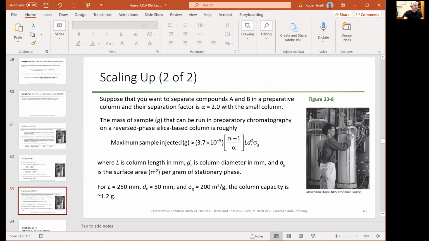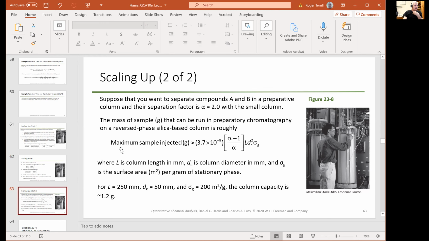you know, this is the column diameter, the surface area, meter squared per gram. There's the column length. There's the alpha value that your sample and its nearest interferent produce. You know, the alpha is the ratio of the K prime values.